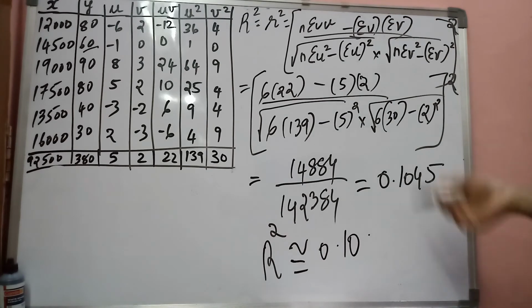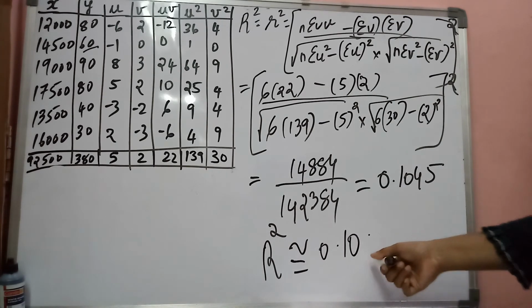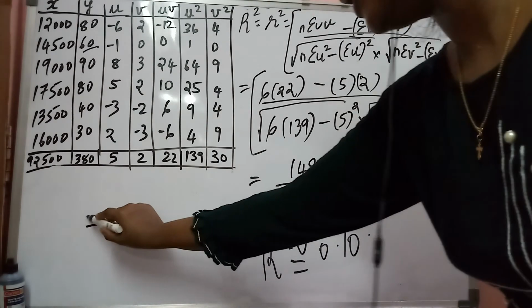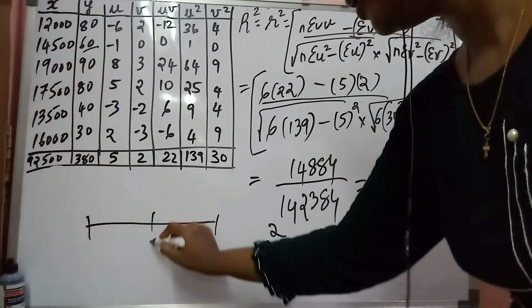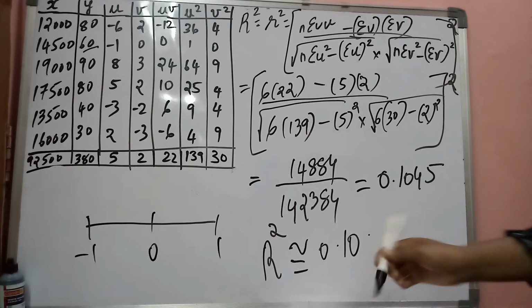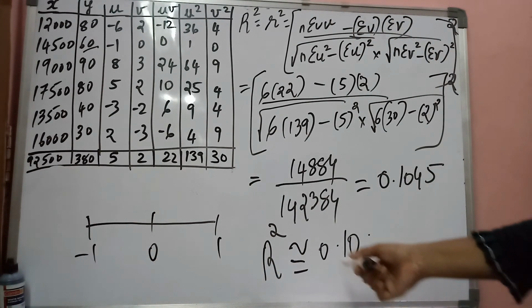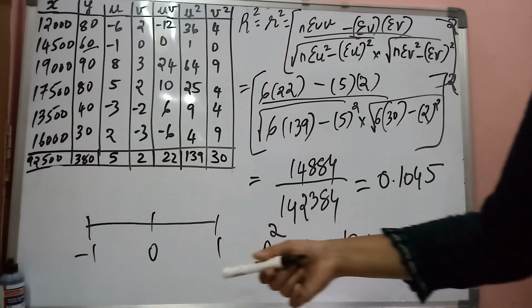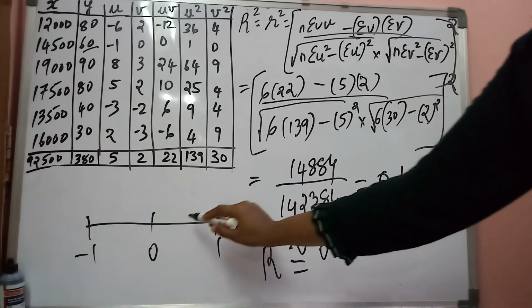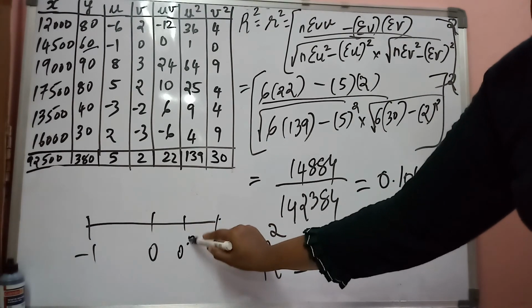Now you have to interpret also. Now you can see how to interpret. Make a number line like this. As I always say, 0, -1, +1. Now this is positive, so it would be on my right hand side, in between 0 and +1. Now in between we have 0.5 like this.